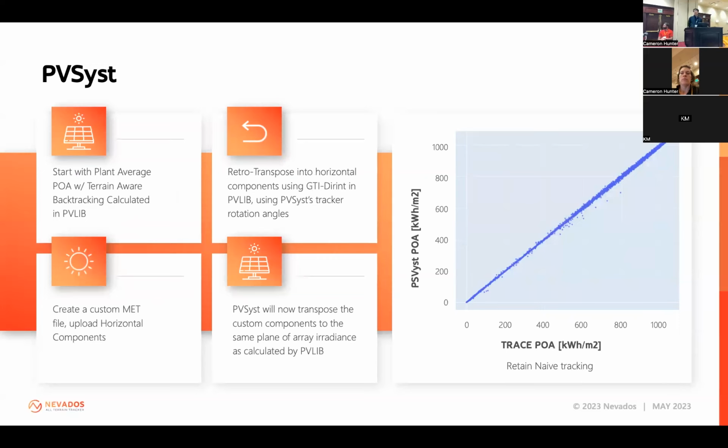We retro-transposed using GTI DIRINT, so now we have the horizontal components. We created a custom MET file and uploaded those horizontal components. And now PVsyst can transpose, if you use the standard tracking angles, to the transposed irradiance that we want it to. That's probably a little bit complicated, and if you want to know more, just come talk to me afterwards.